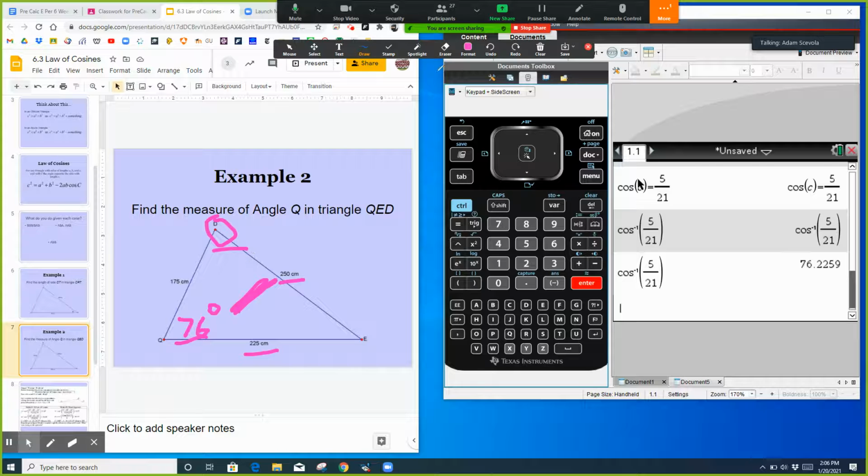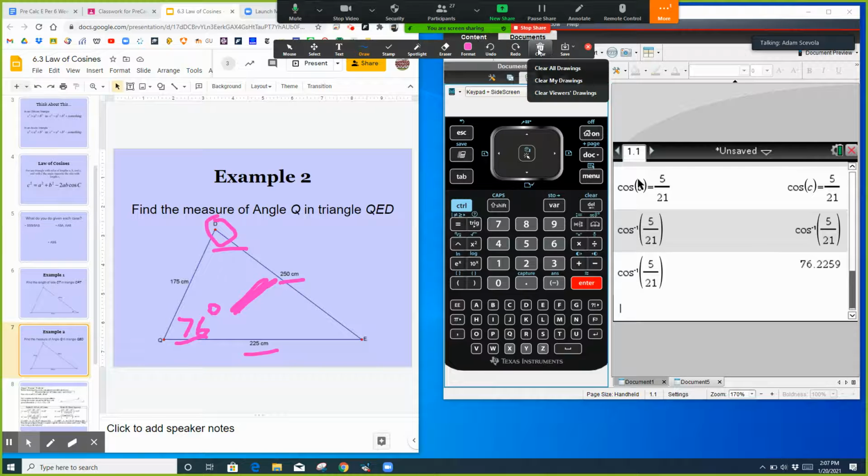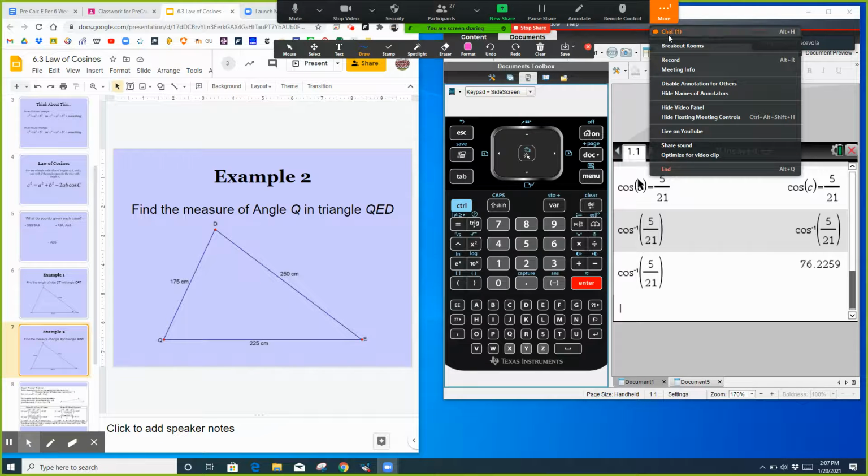Yes and no. I don't advise that you use the law of sines here, and I'll explain why in the next slide. But you can use the law of sines. You have enough information to use it. But you're going to want to use the law of cosines a second time when solving for an angle in the side-side-side or side-angle-side case, because it has to do with the ambiguous case. So let's look at that.